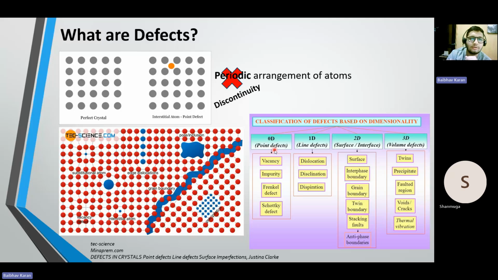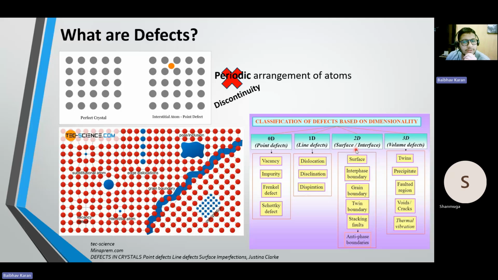Like in a single row of atoms, a single row of atoms is missing, here you can see a single row of atoms is missing, and here also. These are all point defects extended to a single row, that is line defects in one dimension. So these are dislocations, disclinations, disparitions. We'll be discussing this later.